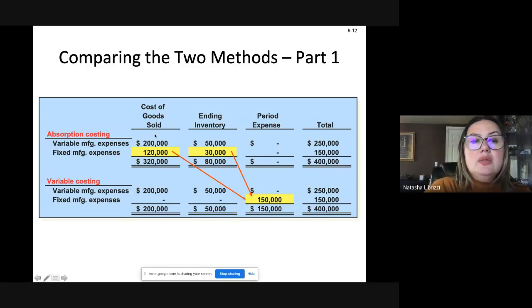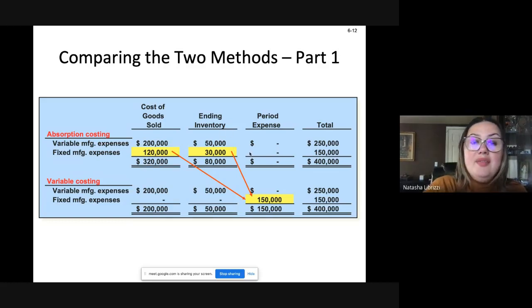So under variable costing, we had $200,000 cost of goods sold, and ending inventory would be $50,000, because we only use the $10 per unit.